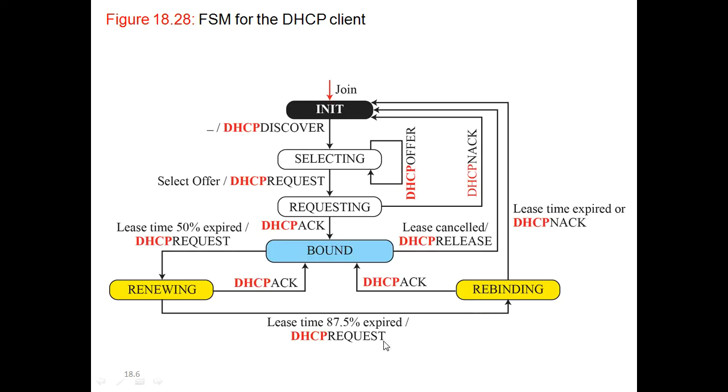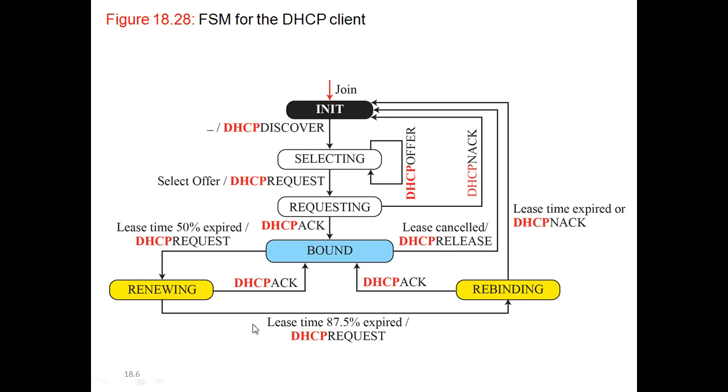The client remains in the rebinding state until one of three events happens. If the client receives a DHCP negative acknowledgement or the lease expires, it goes back to the initializing state and tries to get another IP address. If the client receives a DHCP ack, it goes to the bound state and resets the timer.